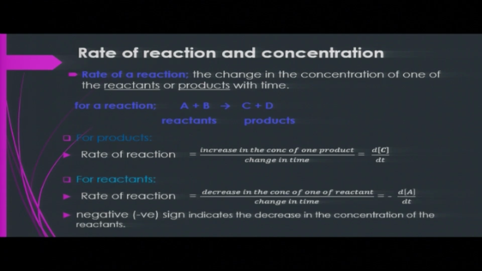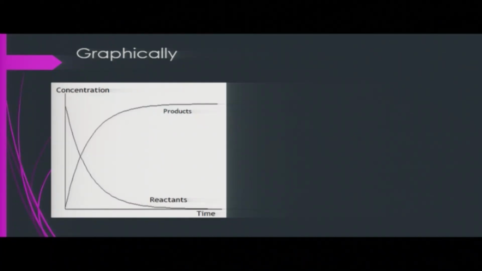As we had already seen, for the products, they increase. So you would look at the rate in terms of increase in the concentration with time changing. For reactants, they decrease, and this is the general curve for rates of reaction in regard to concentration. Products increase, reactants decrease.